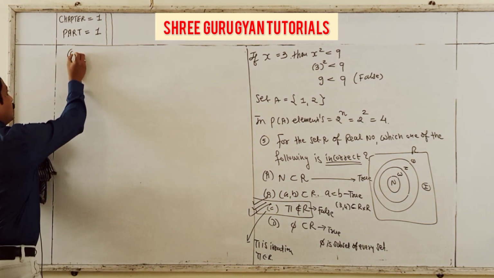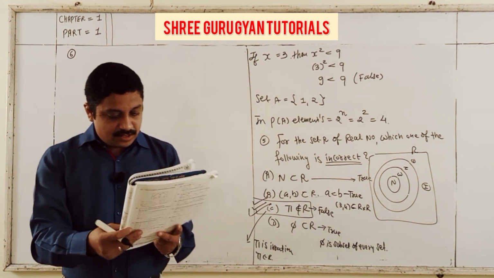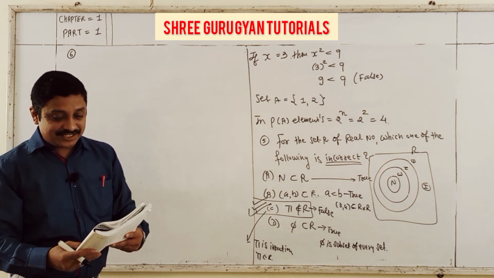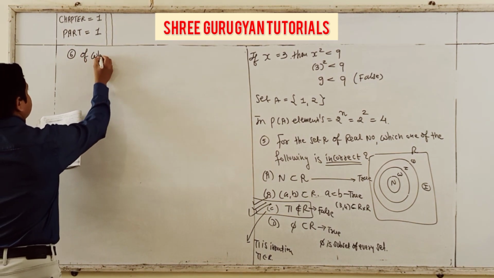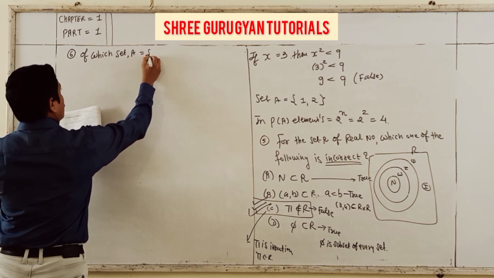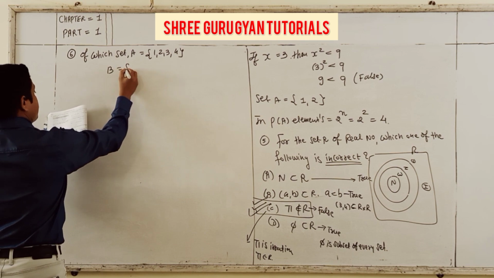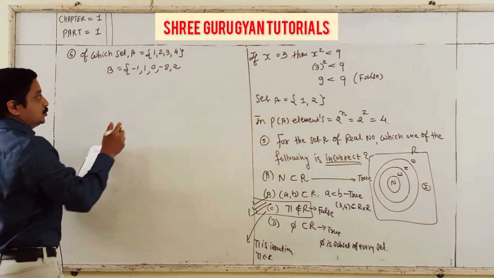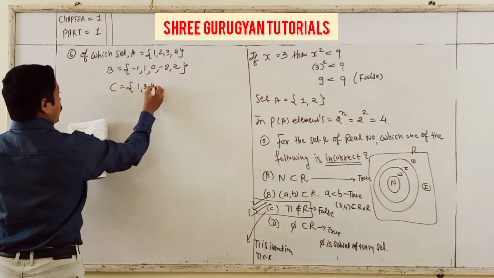Afterwards, going to the next question, the sixth one. The sixth is also a very interesting question. Given set A: 1, 2, 3, 4; set B: -1, 1, 0, -2, 2; and set C: 1, 3, 4.